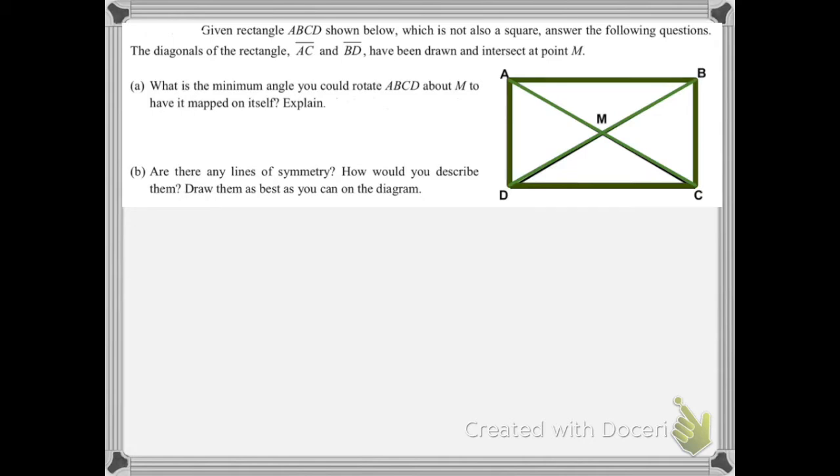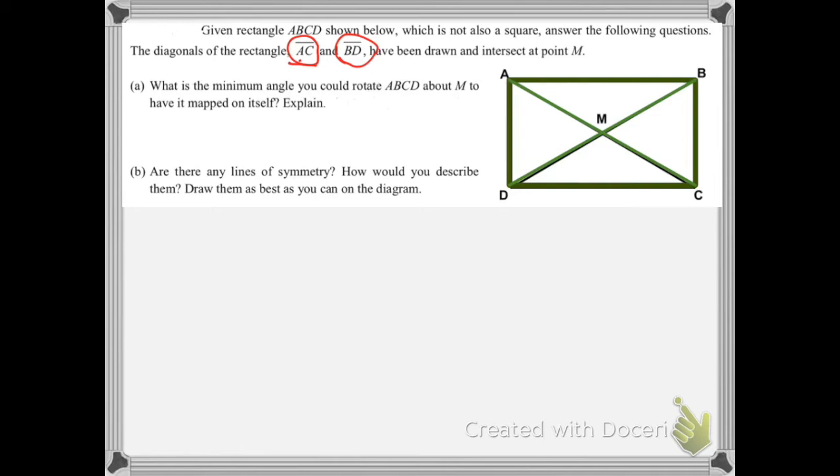Here we have a rectangle. We're given diagonal AC and diagonal BD, okay? And what is the minimum angle you could rotate ABCD about M to have it map onto itself? So we want to rotate this rectangle so that it could land right on top of itself.